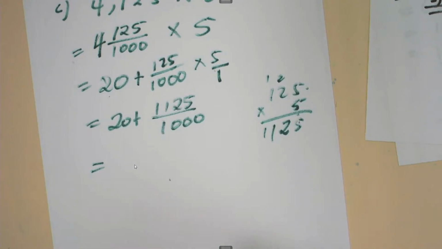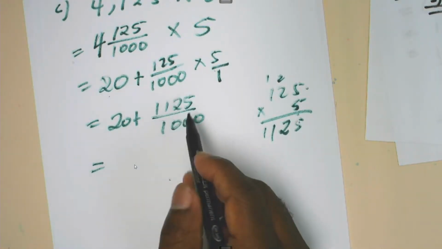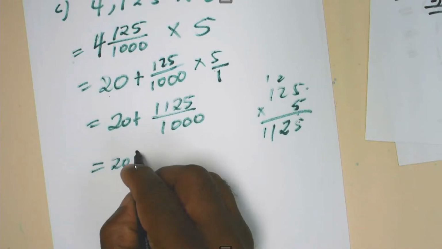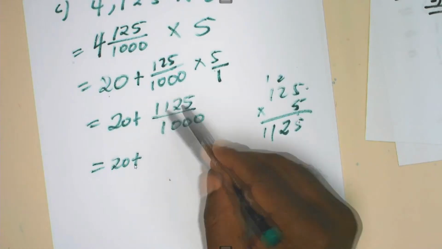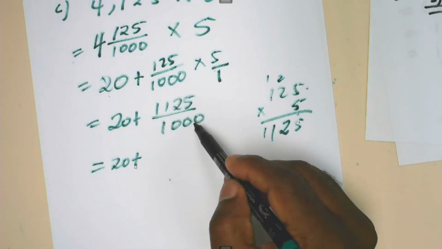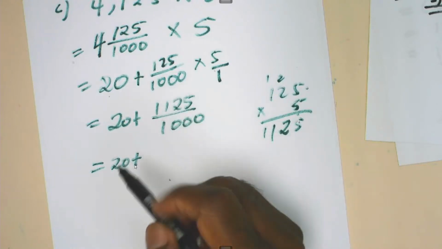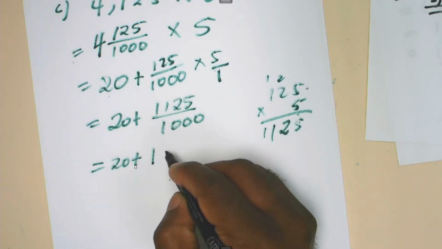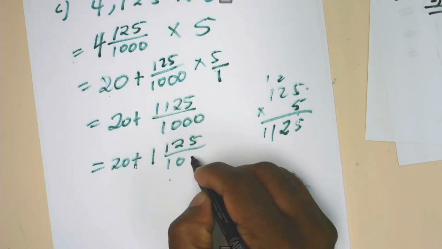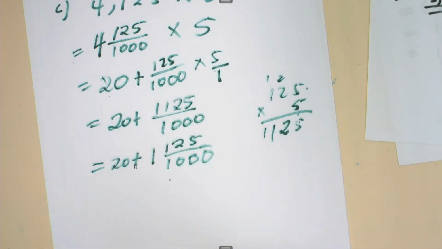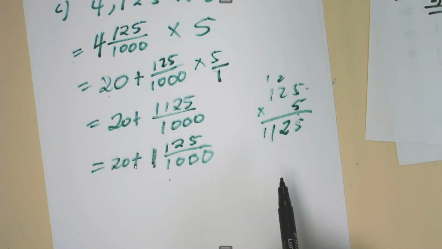Very good. Now, what is happening here? We have 20 plus. Now, simplify this one. It's improper. Change it to a mixed number. It will be 1 and 125 over 1,000.